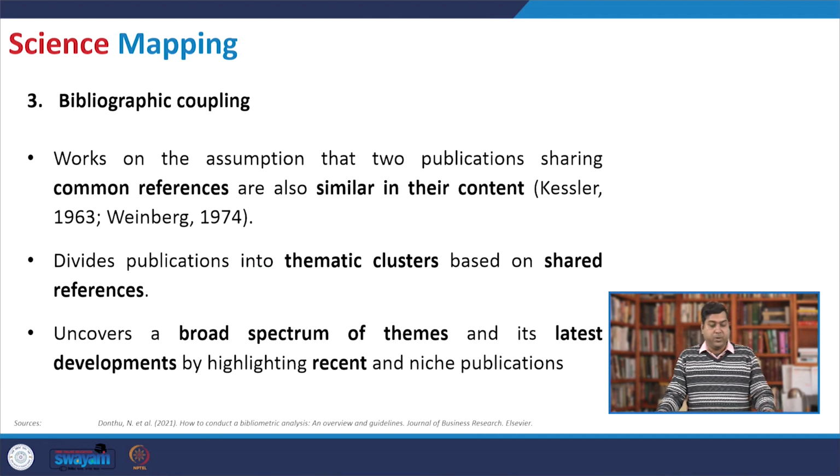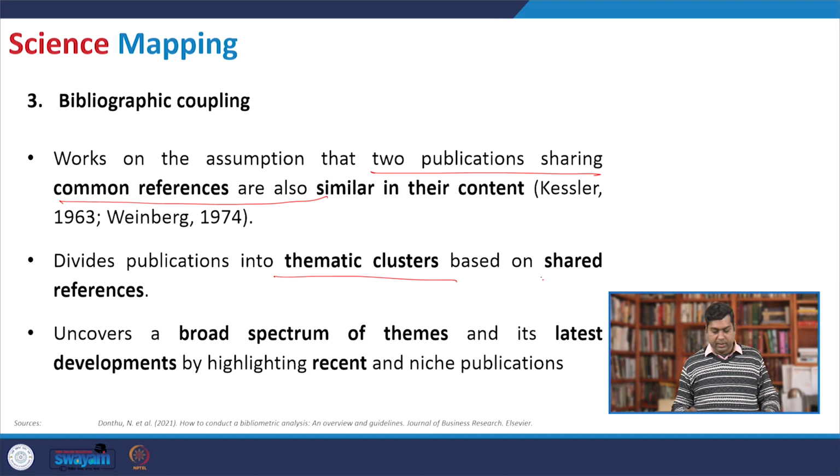Now, what is bibliographic coupling? It works on the assumption that two publications sharing common references are also similar in content. It divides publications into thematic clusters based on shared references. For example, for the last 5 years a group of authors may be trying to evolve a certain idea, so some things are very common.